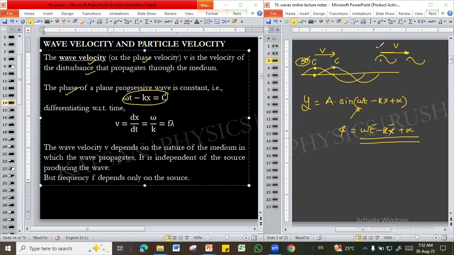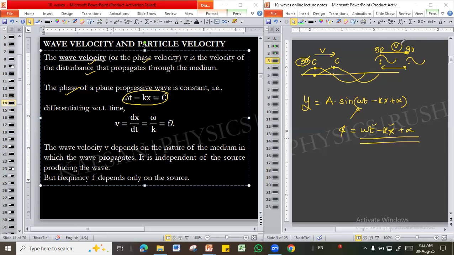Right now the phase of 90 degrees is available here. After some time, the same phase of 90 degrees will be available here. Now check this distance, divide by time, and you will get the speed of the wave.